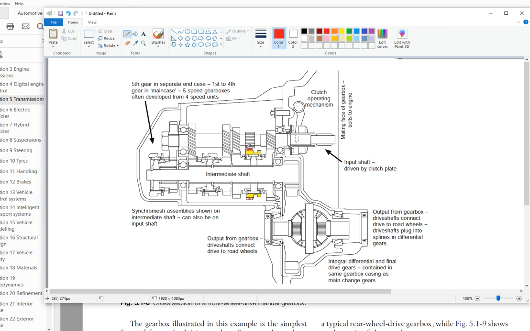The way it's shown right now, it appears to be that is in. Although the idler is not very clear, it's very likely that the idler is going to move along its axis and provide the reverse. But we don't have synchronization for the reverse. We have synchronized first gear. We have synchronized second gear. We don't have a synchronized reverse.